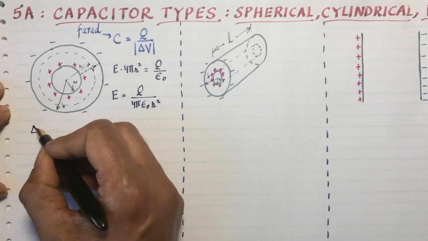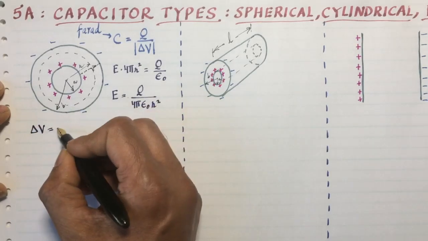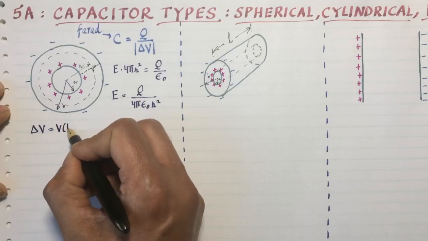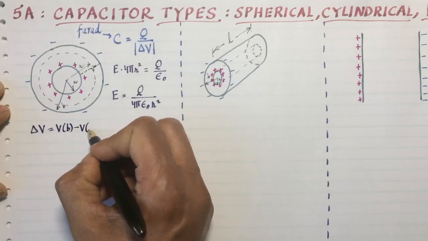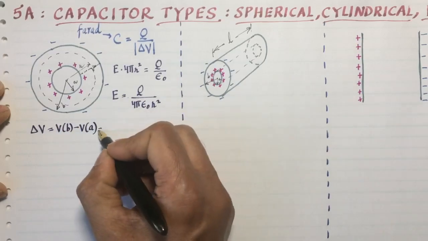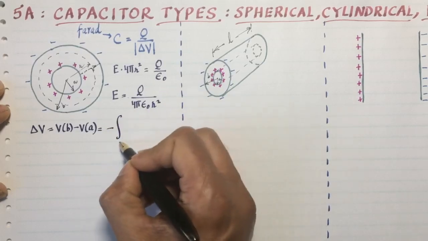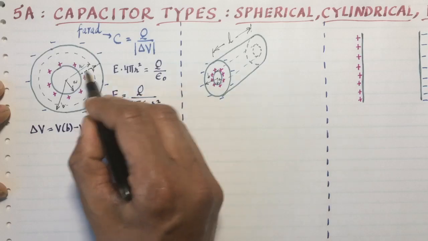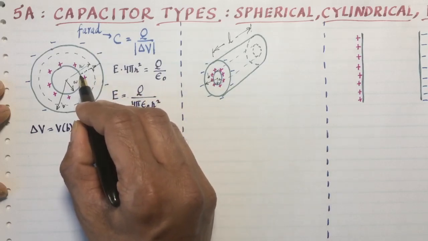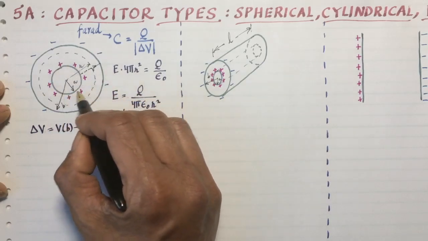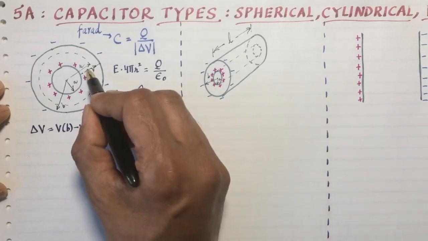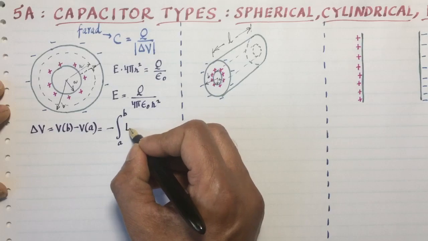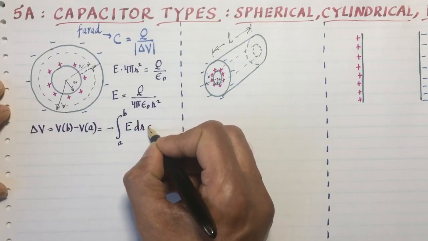The change in voltage, delta V, is going to be V of b minus V of a, because the final is at b and initial is at a. And that's going to be minus the integral from a to b of this electric field. It's pointing outward because it's a positively charged inner sphere, so the electric field is pointing outwards, and the dr vector is also pointing outwards, so it's going to be E times dr times cosine of 0 degrees.